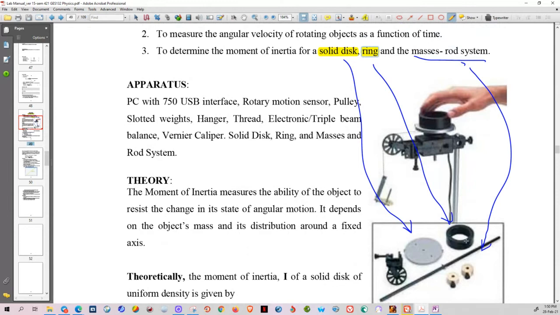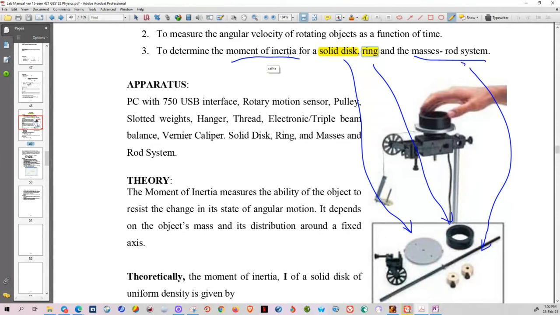Okay, so we are going to try and rotate each of these three objects, and then we will determine the moment of inertia. In the video we will show you how it works. I hope that you watched the video so you have some idea, but now I'm going to explain what's going on in that video.